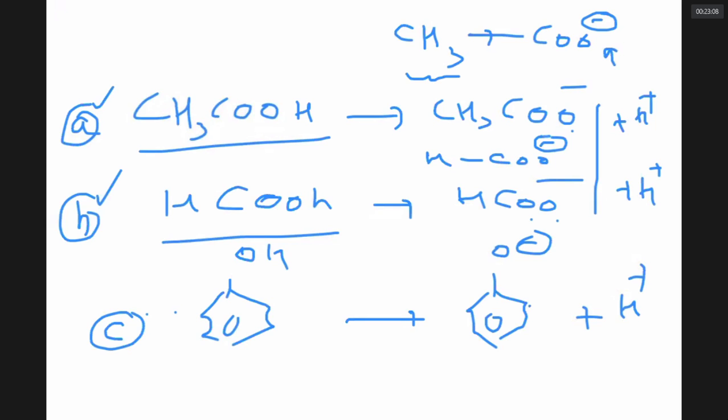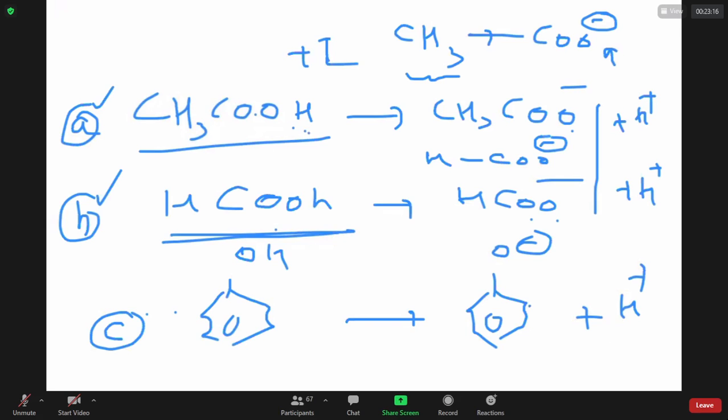Therefore, the acetate ion is somewhat destabilized by the plus I effect. Hence, formic acid is a better acid than acetic acid. So the order of acidic strength: B is more acidic than A, which is more acidic than C.